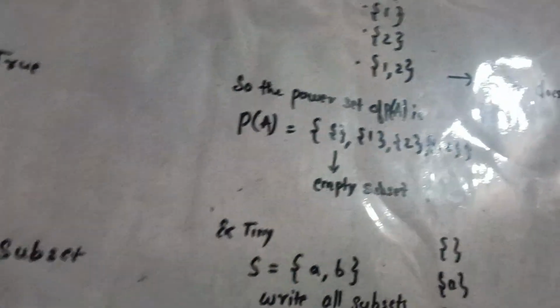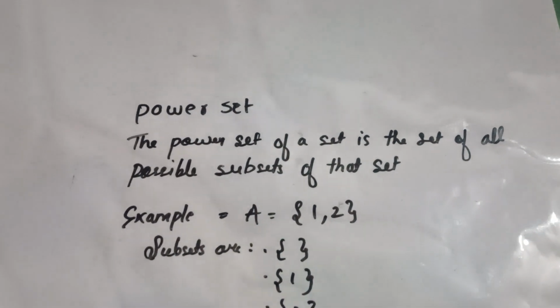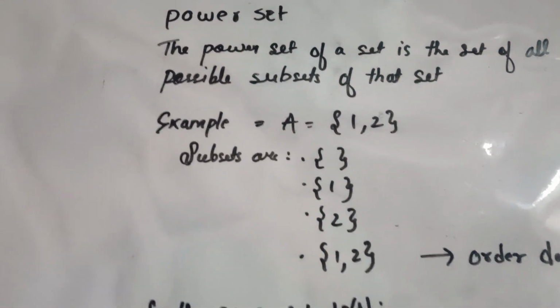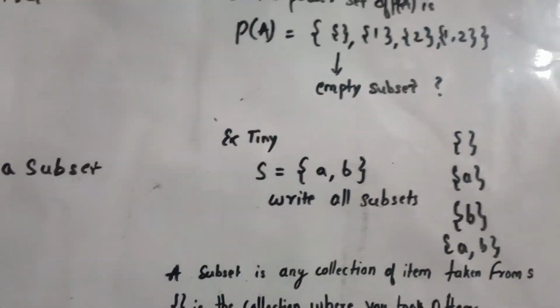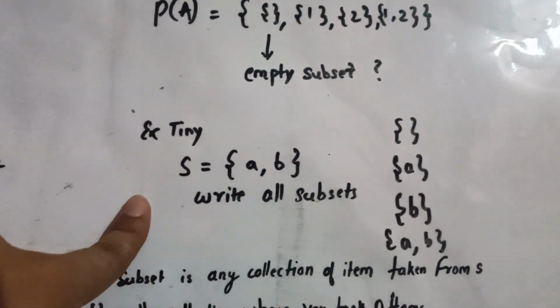Okay, one more time, let's see. The power set of a set is a set of all possible subsets of that set. Basically every subset of this thing.